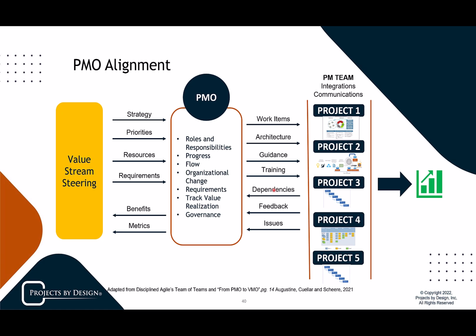Training for the teams. Now, what happens then as the teams deliver their work, they're going to describe the dependencies on that value, the feedback, and any issues. The PMO can then facilitate that with also sharing back to the value stream steering the benefits and the metrics. Okay.